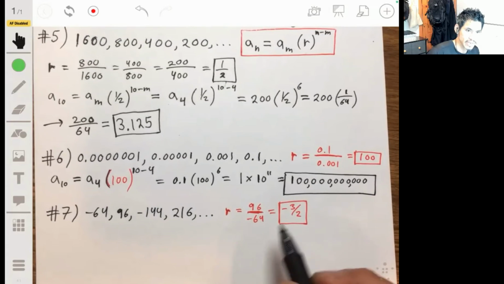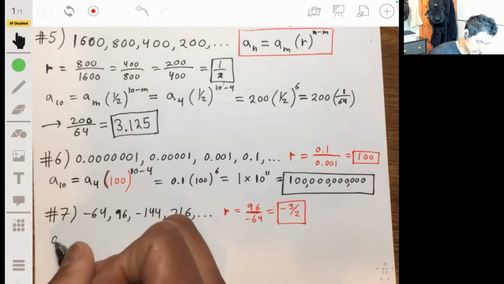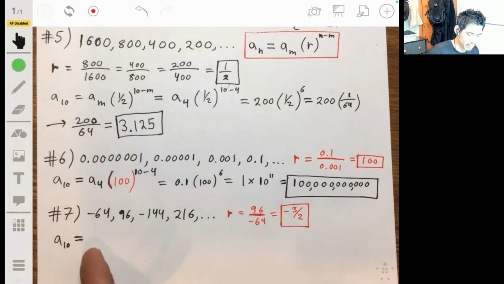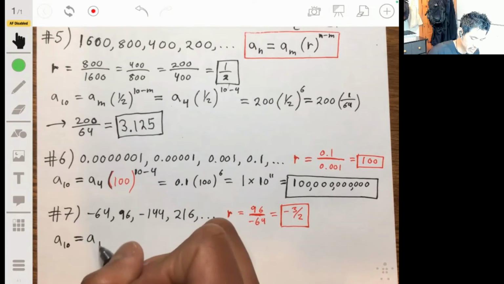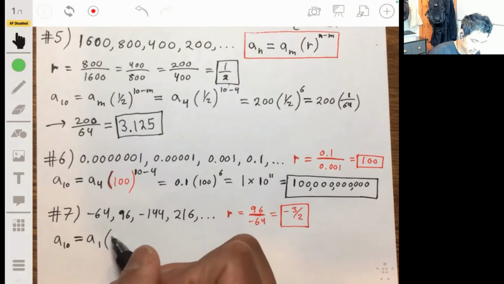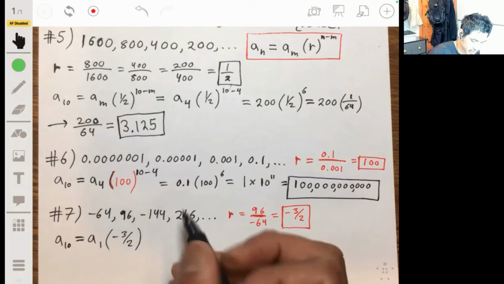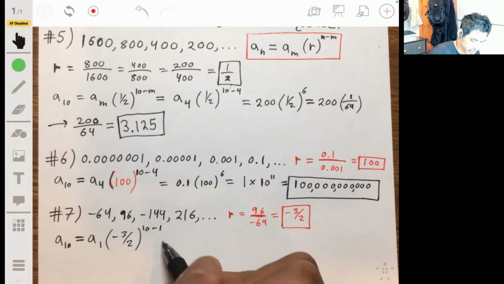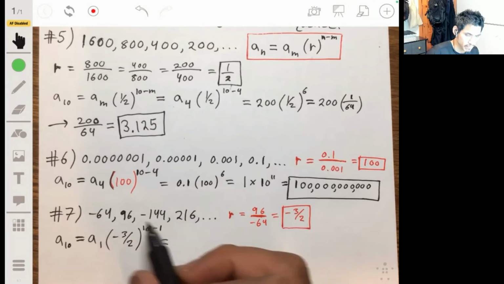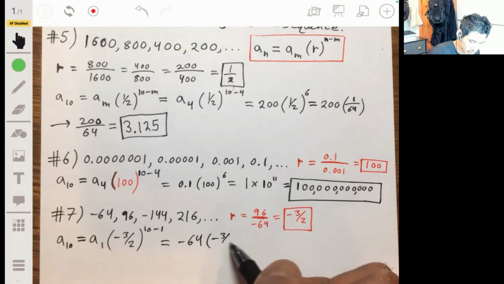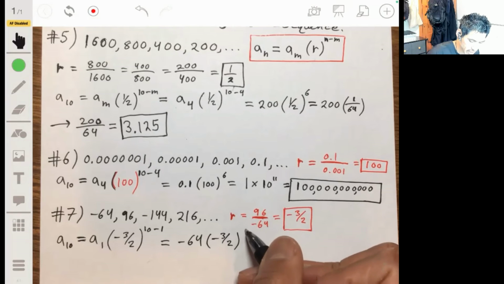And so then we're going to find A10. In this case, I'm going to use A1 times r, so times negative 3 halves, to the 10 minus 1 power. A1 is negative 64 times negative 3 halves to the 9th.